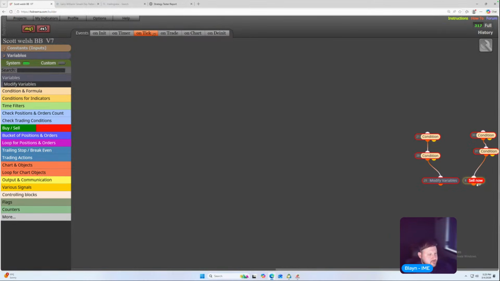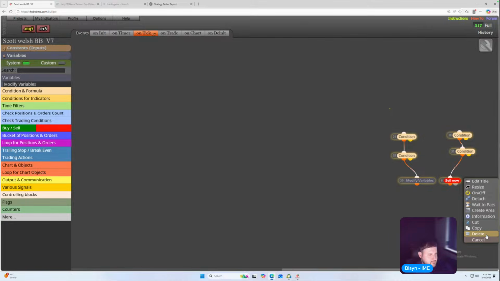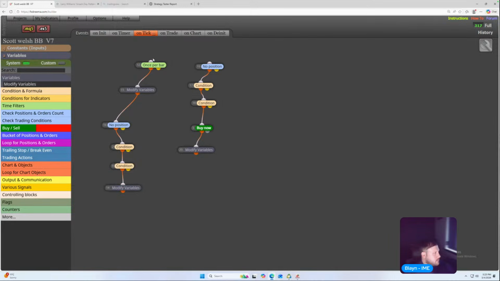Let me delete this. Yeah, it's 11 blocks, I'm afraid, so maybe that's not going to work out. How could I shorten this to get within the 10? Let me see if I can get it within the 10. I don't think I can.